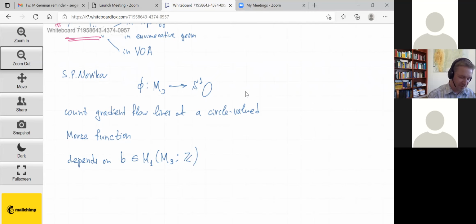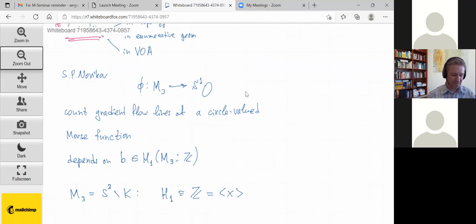And since we talked about surgeries, everything is constructed out of knot and link complements. So let's consider K to be just a knot for simplicity. Then H1 is basically Z, and we can say that it is generated by X.